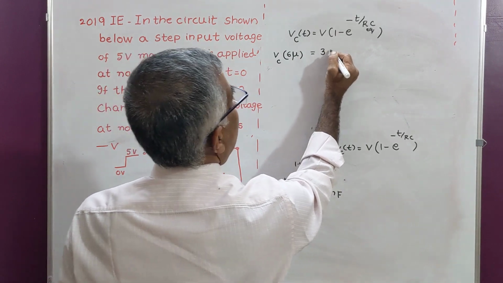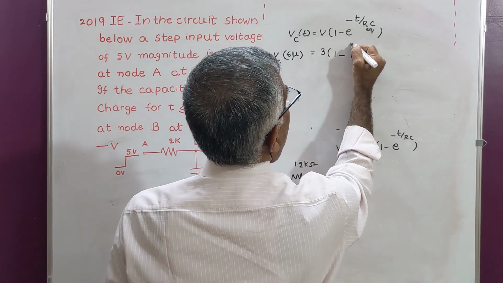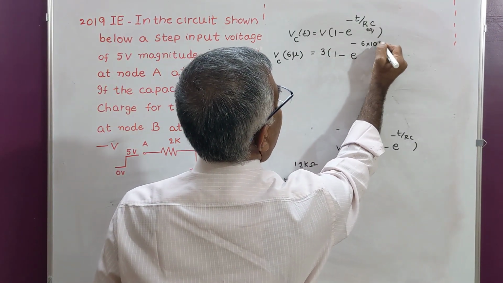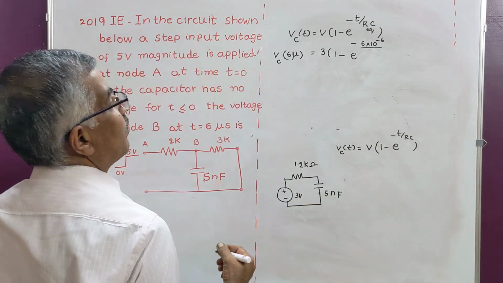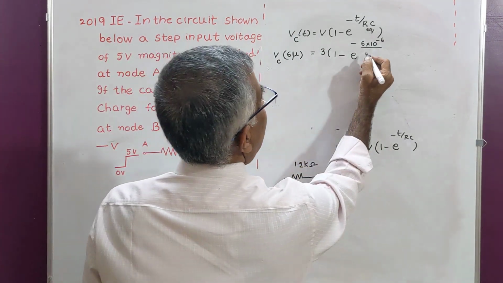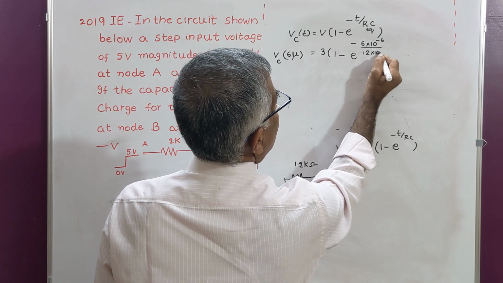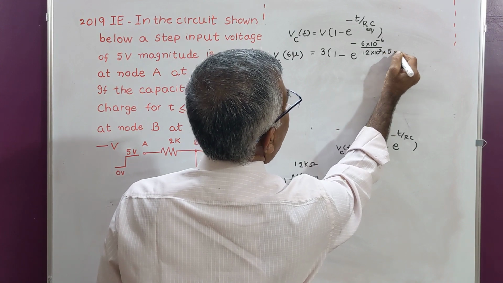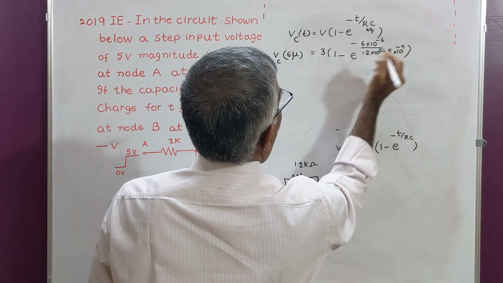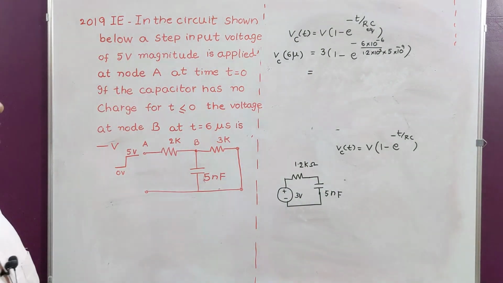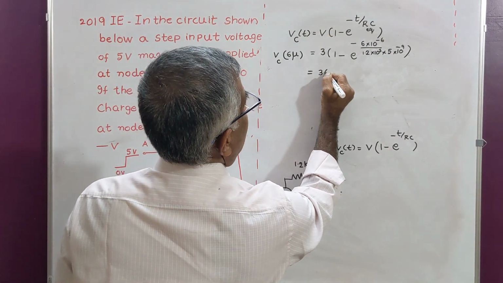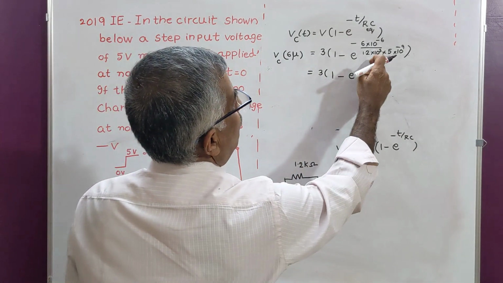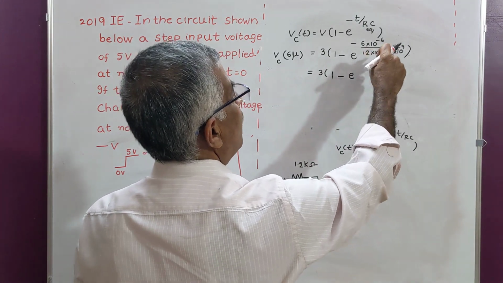So 3 into 1 minus e power minus 6 into 10 to the power of minus 6 divided by R equivalent. R equivalent is 1.2K into C, that is 5 nanofarad, equals 3 into 1 minus e power minus 6 into 10 to the power of minus 6 divided by 1.2 into 10 to the power of 3 into 5 into 10 to the power of minus 9.